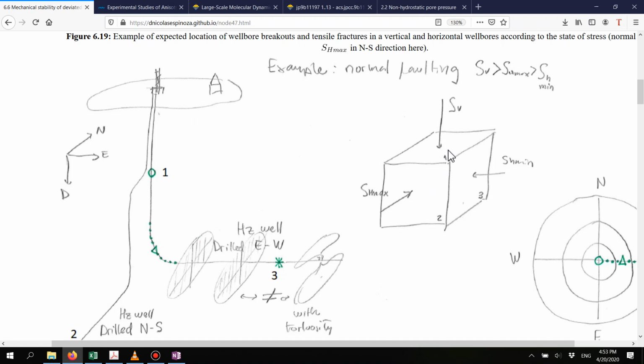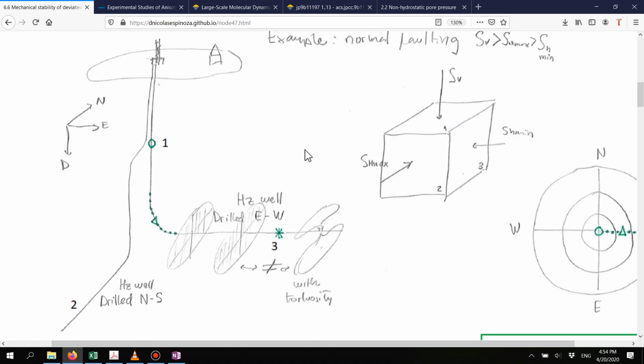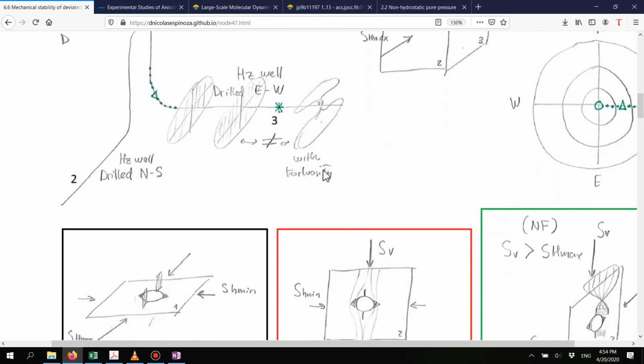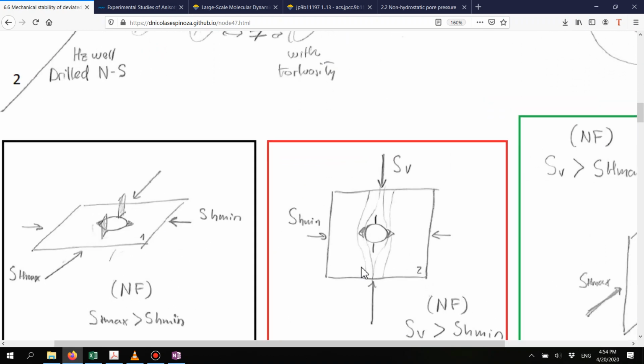If you notice, a vertical wellbore in this example would have a cross section of the wellbore on the plane number 1 according to the notation in this cube. In order to have a cross section of a vertical wellbore, we need a horizontal plane. In this case, this is a horizontal plane, the plane number 1. If we take a look at what would happen in a cross section in a vertical wellbore, this is what you would expect.